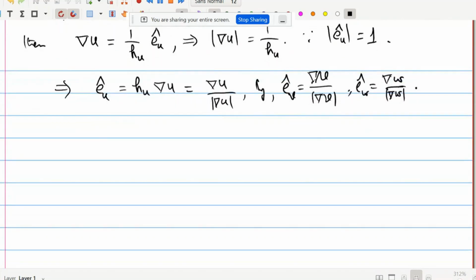Now what is that I need? Why do I need all these things? Because del dot F. So in Cartesian coordinates, del dot F is actually what do you do here?